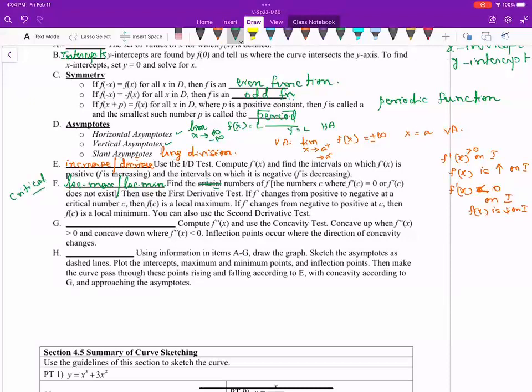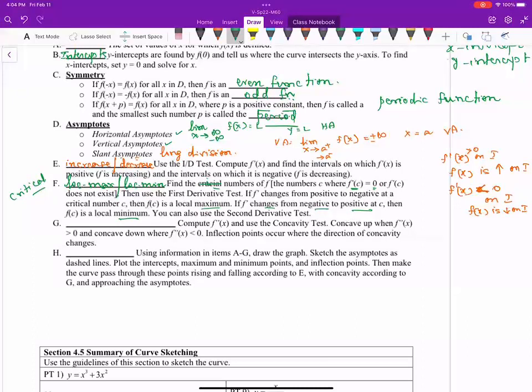Find the critical numbers of f, which means f prime of c equals 0 or f prime of c does not exist. Then use the first derivative test. If f prime changes from positive to negative at a critical number, then there is a local max. If f prime changes from negative to positive at c, then f of c is the local minimum. You can also use the second derivative test as well.